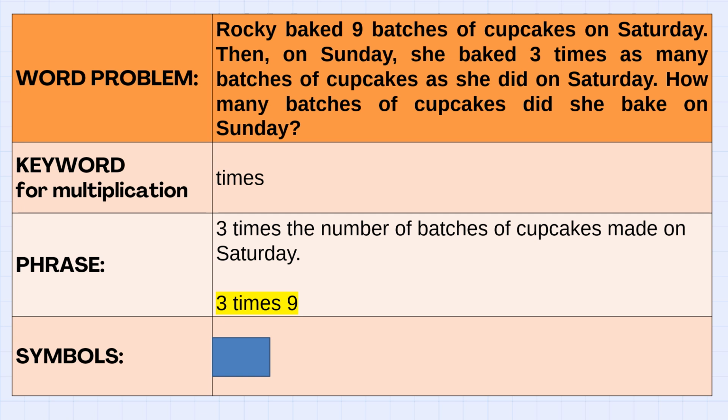So that is 3 times 9, since there are 9 batches of cupcakes on Saturday. So on a Sunday, that is 3 times 9. In symbols, of course, literally, we simply translate times to a times symbol or a cross symbol. That is 3 times 9. And that is our final answer.